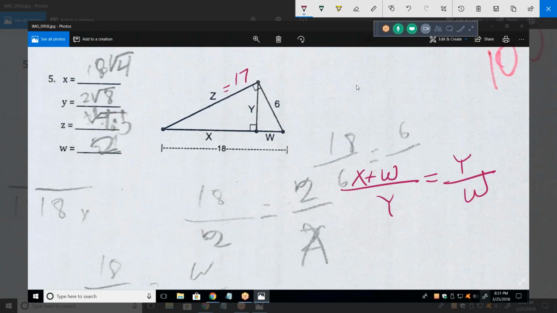Now that makes it a little bit easier, I think. If I cross multiply here, I have wx plus w squared equals y squared, and we're trying to solve for y.